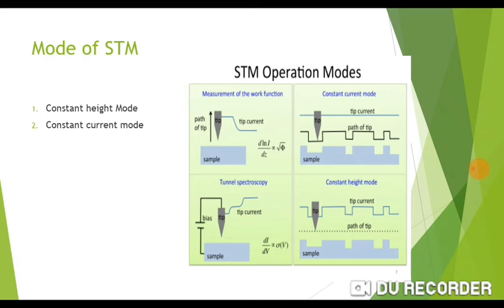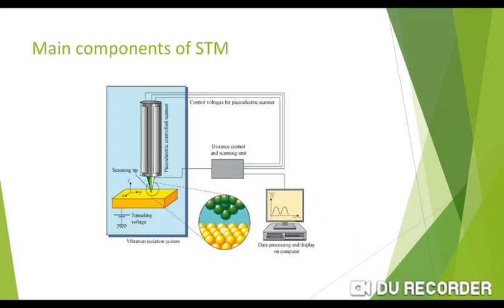The height is continuously changing in order to keep the current signal constant and maintain the distance between the surface and the stylus. This enables it to follow even the smallest detail on the surface it is scanning. Now, a topography image of the surface is formed by recording the vertical position of the tip.